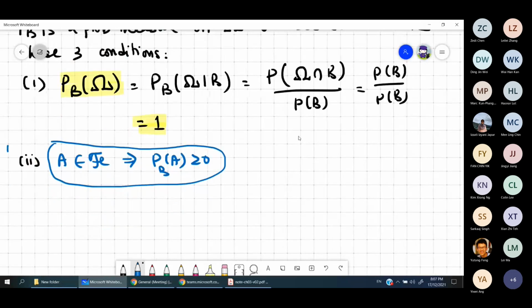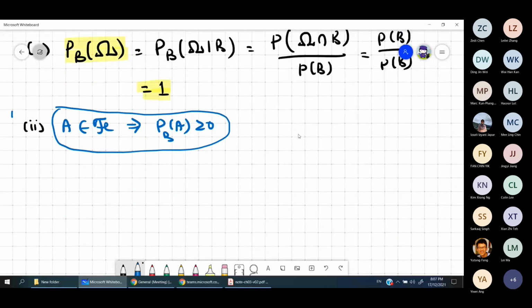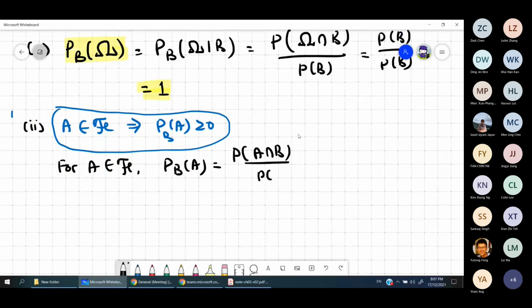I think this is clear, so we can verify it directly. For any event A, you can see P_B of A, directly according to the definition, is P(A and B) over P(B). So clearly, this is greater than or equal to 0.